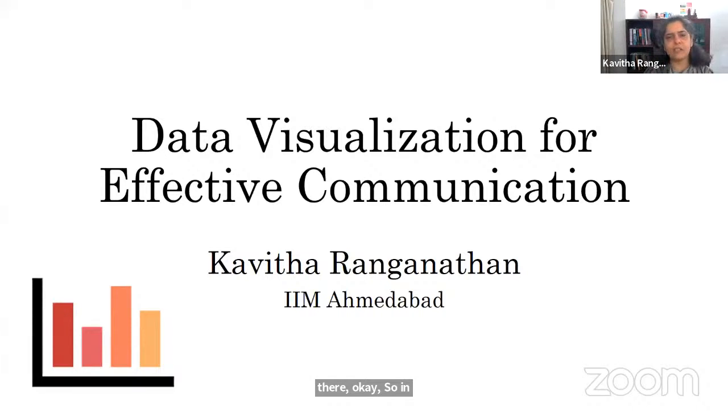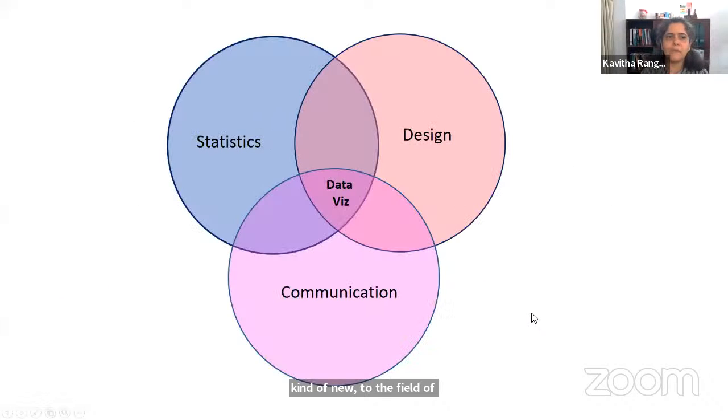So for those who are new to the field of data visualization, this is an amalgamation of three traditional fields that we already know about. Statistics, where you try to summarize data and make sense of numbers. Then there's design, where you want to appropriately construct things from the perspective of the audience or the user.